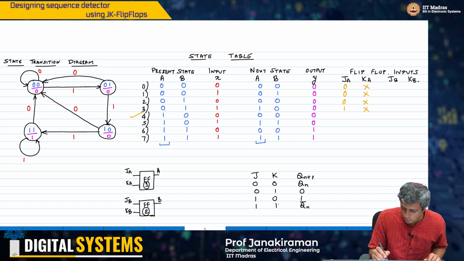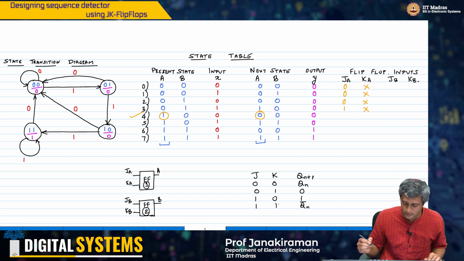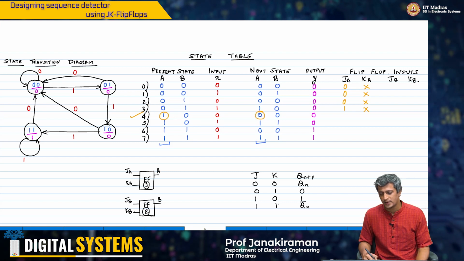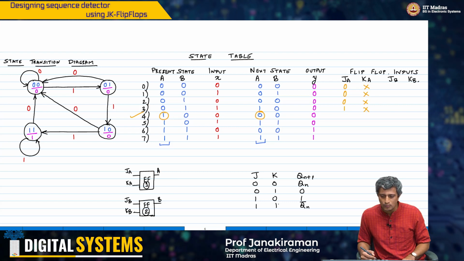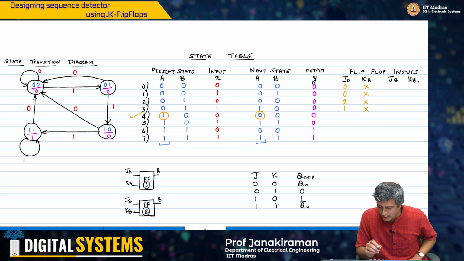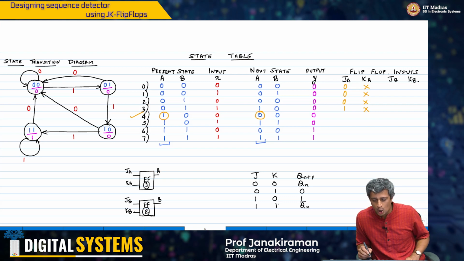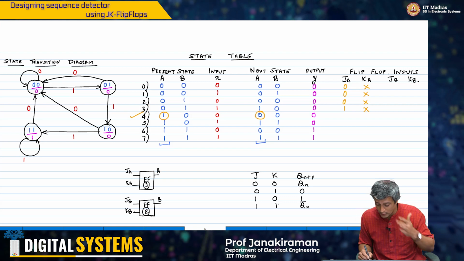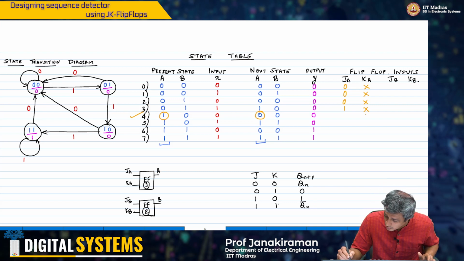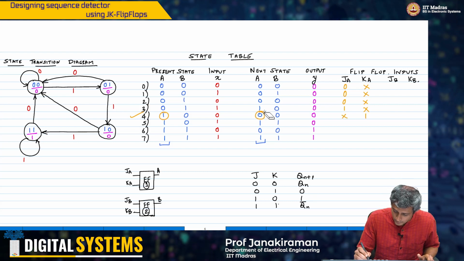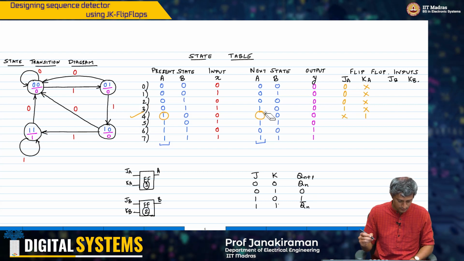I need to either toggle the bit or I can reset it. So K will be 1, but J can be anything.